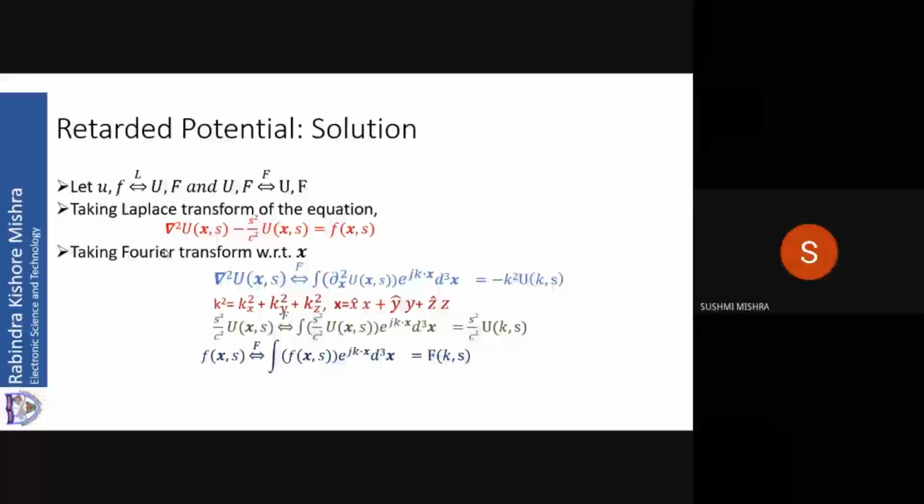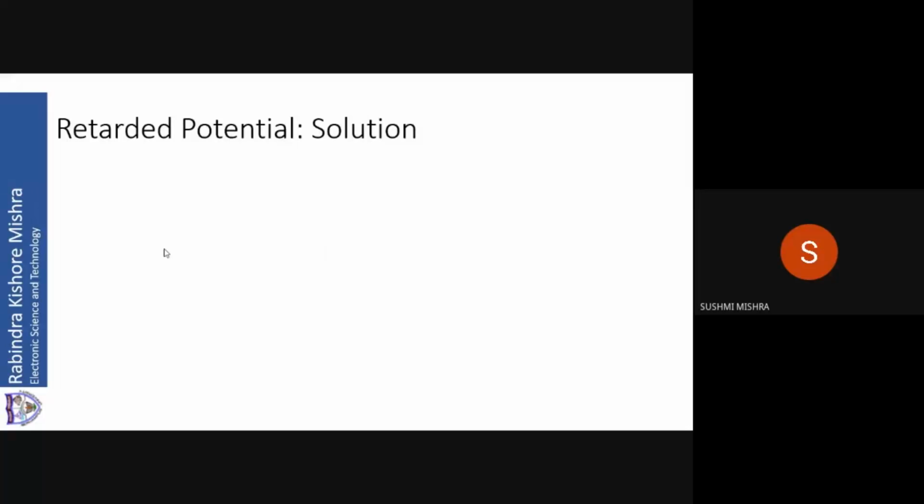So in the Fourier transformation, from the x domain we went to the kx domain, or the wave vector domain. Now we solve for u, where u represents either phi or A. Once we found u, we took the inverse Laplace transform and inverse Fourier transform, and that gave us the solution.